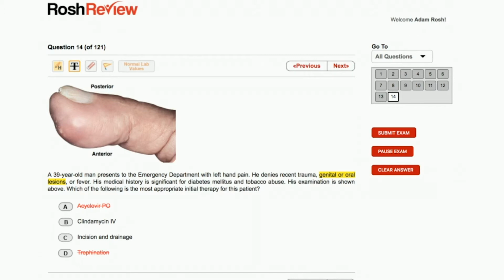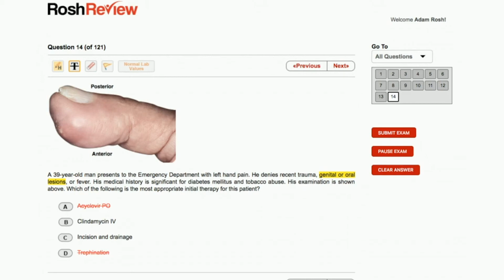And so this is what you would call a felon, right? This is a pyogenic infection of the subcutaneous tissue and the pulp of the distal finger. Because of this tight space, this infection could lead to osteomyelitis. It could lead to a worsening infection. And so we definitely want to address this immediately.